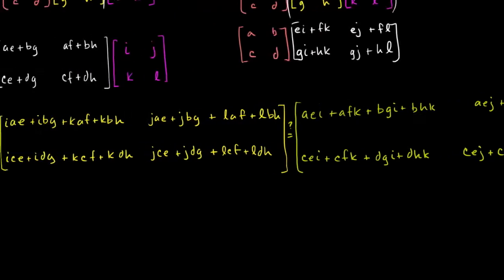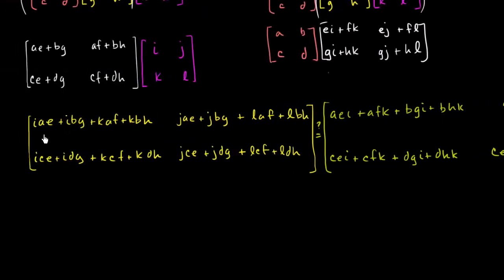Well, let's look entry by entry. So IAE, this is equivalent to AEI because we know scalar multiplication is commutative. Now IBG, you see it there, and you see it there. KAF, you see it there, and this is the same thing as AFK.